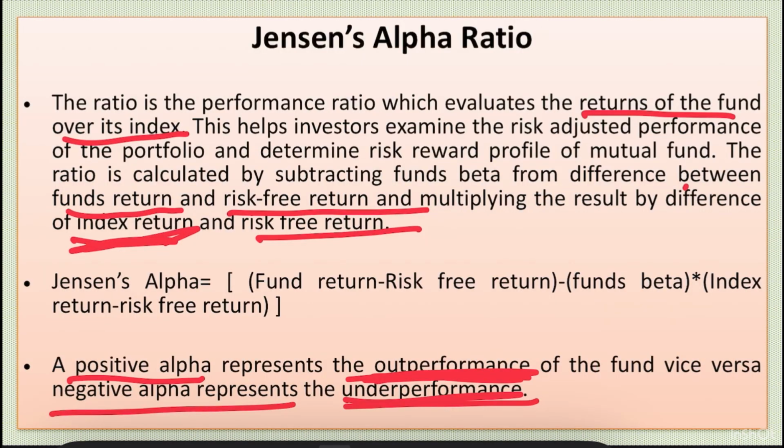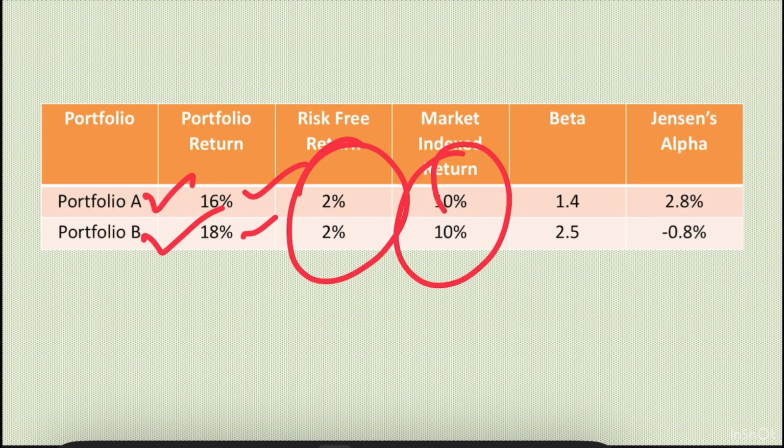Here is the formula, that is funds return, and then risk-free return minus funds beta into index return minus risk-free return. So if we put all the values, we get one value for portfolio A, that is 2.8%, and for portfolio B it is 0.8%.